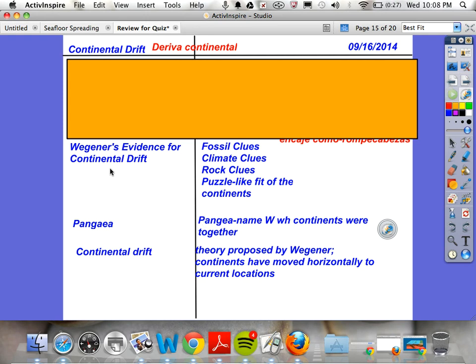So Wegener's evidence for continental drift had fossil clues, climate clues, rock clues, and the puzzle-like fit of the continents. Pangea was the name that Wegener gave to when the continents were together, and continental drift was the theory proposed by Wegener that the continents have moved horizontally to their current locations.